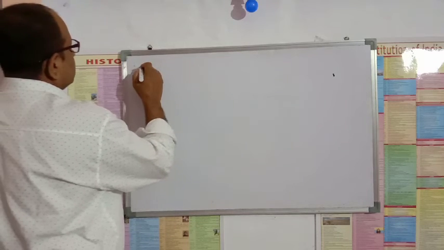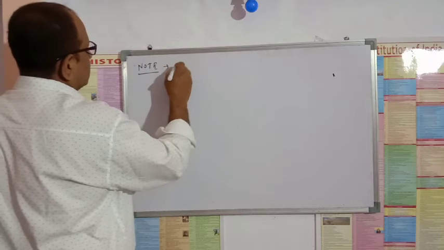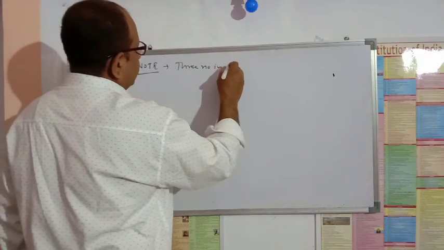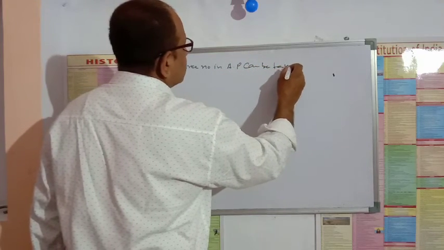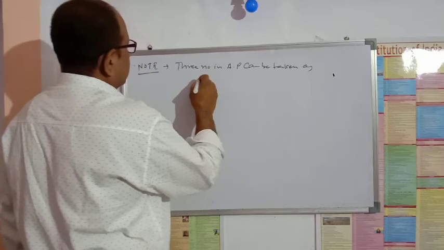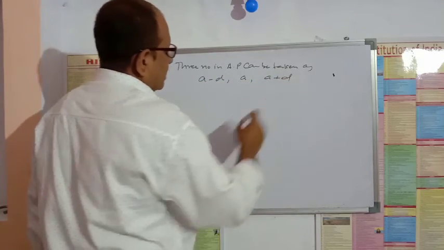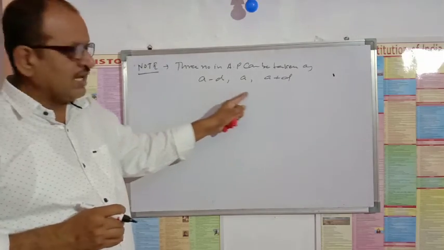So write a note here. 3 numbers in AP can be taken as, what will we take? A minus d, a and a plus d. If the sum of 3 numbers in AP is given, we have to suppose like this.